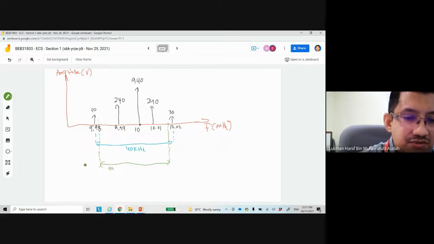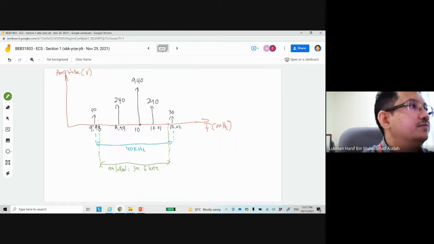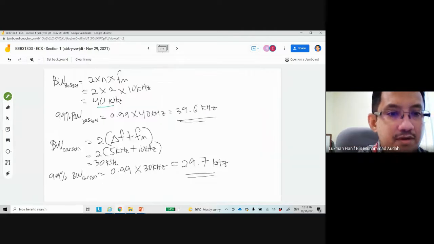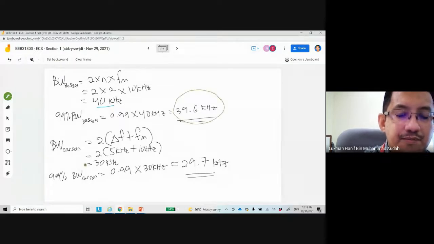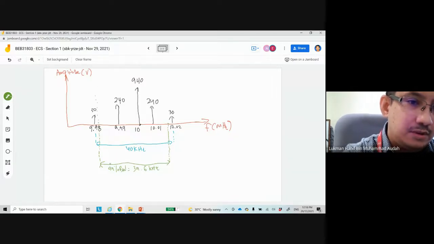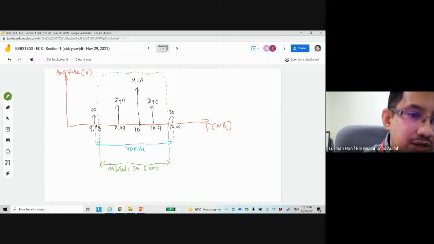Okay, so this is 99% bandwidth, which is equal to 39.6 kilohertz. Okay, 39.6 kilohertz. This is what we calculated earlier. 39.6. Okay. So 39.6 is slightly smaller. If we make this box like a filter, it cuts off and removes this. Okay. It does not remove it, it takes this, 39.6. 39.6, remember that.